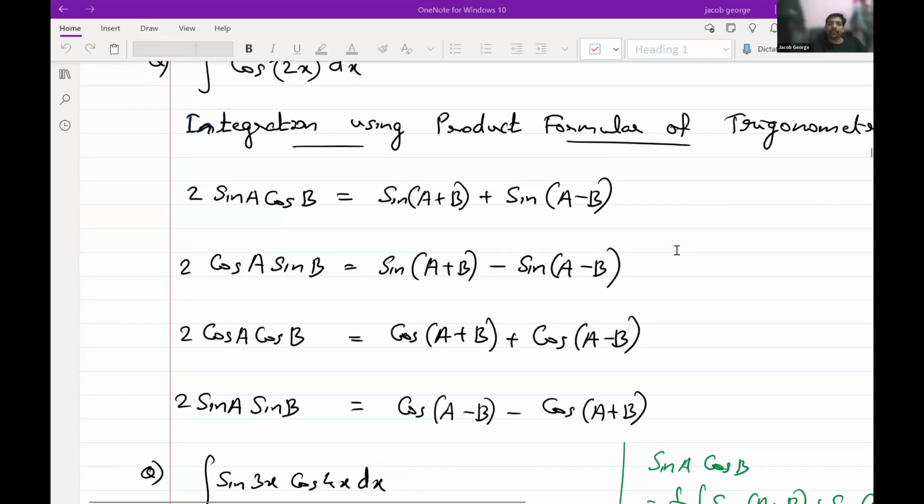Now, can you see this, integration using product formula? Yes, it's clear.